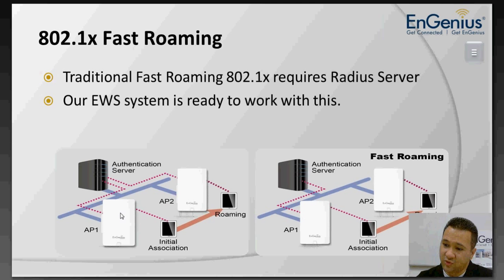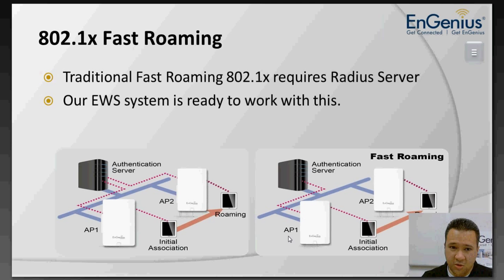Here you see a setup where you have two access points working together in the network with the authentication server, and the authentication server will authenticate the client to the other access points. So the authentication server will help in roaming and connecting to the other access point.